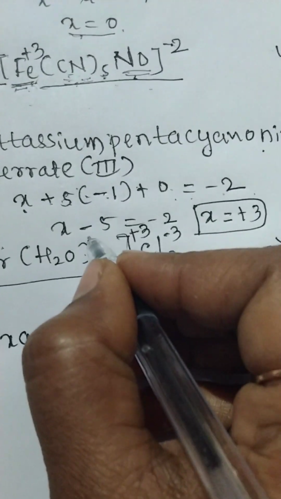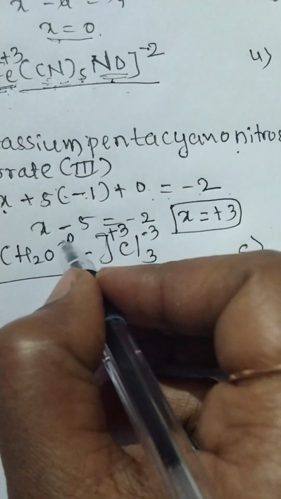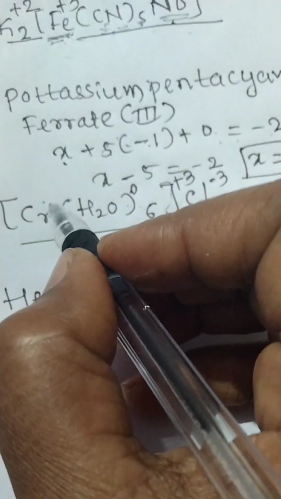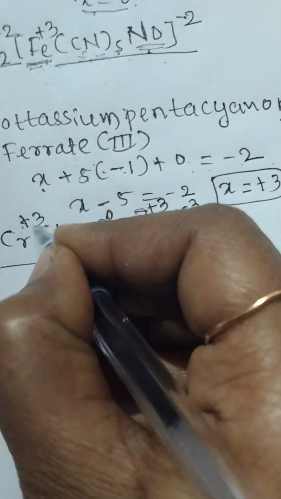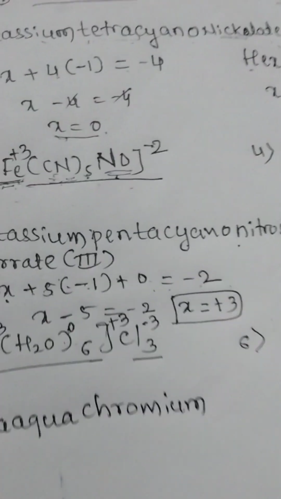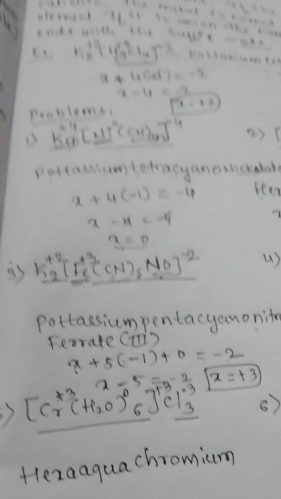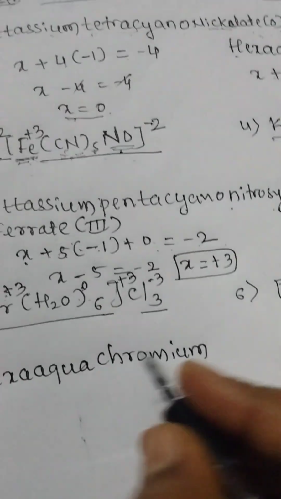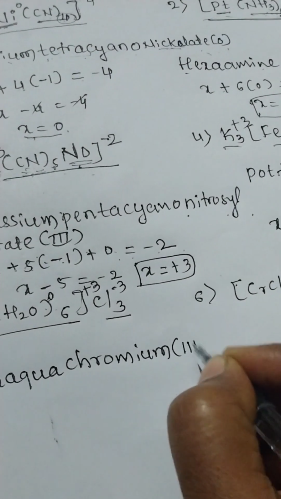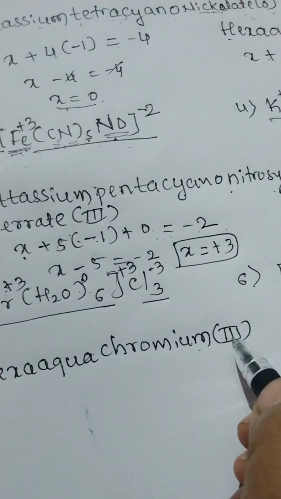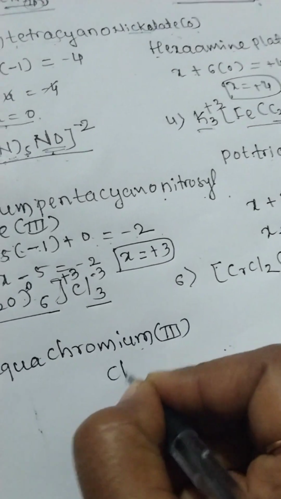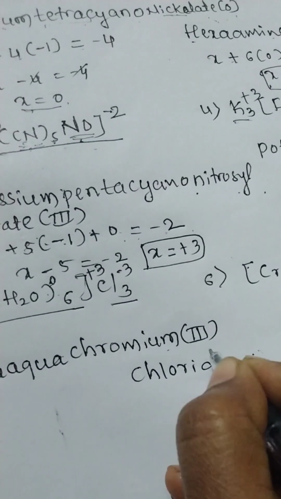The charge of the ligand here is 0. The sum of the charges on the central metal and the ligand becomes plus 3. So it is also a simple way to calculate the oxidation state of a central metal. So it becomes 3. Hexaaquachromium(III), the last is chloride.